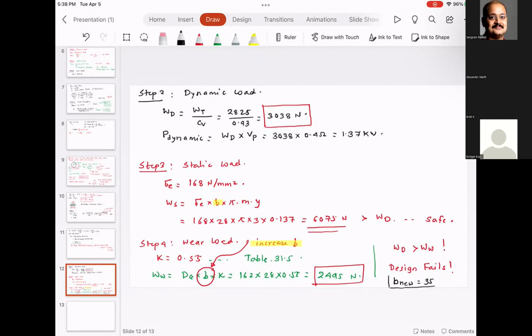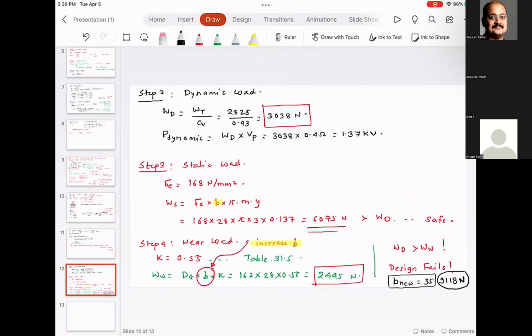Can someone tell me what is the value of Ww for this B new? Quickly with the calculators. 3118. So this is greater than the dynamic load. So our design is safe.